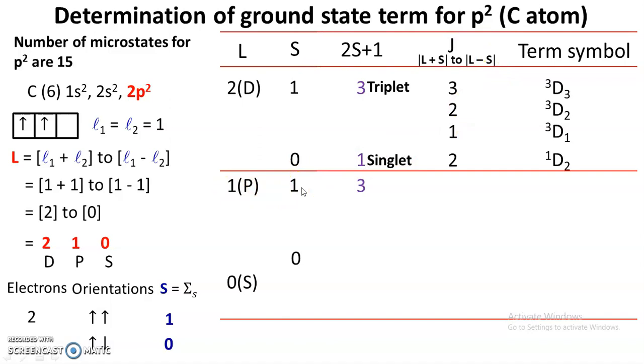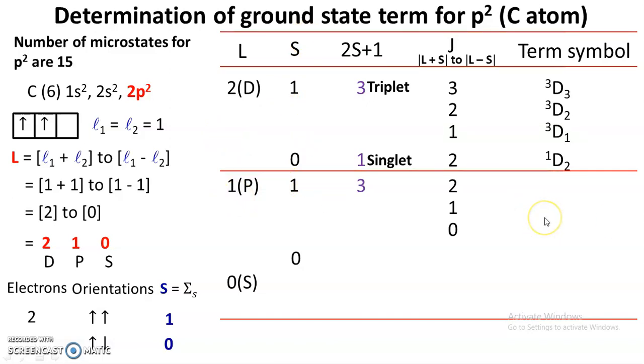So possible J values are 2 to 0. So 2, 1, 0, each J value differs from the neighboring value by 1, and therefore possible J values are 2, 1, 0 when L is equal to 1 and S is equal to 1.